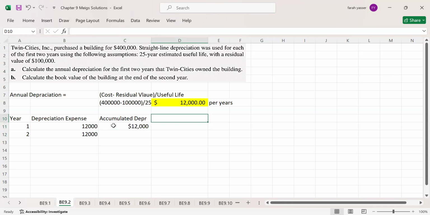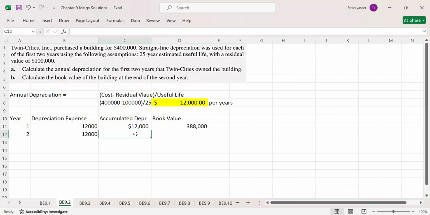And how do we calculate book value? We have the cost of the asset and we deduct accumulated depreciation. So accumulated depreciation is 12,000, so 3 lakh 88,000 is the book value of the asset at the end of year one.